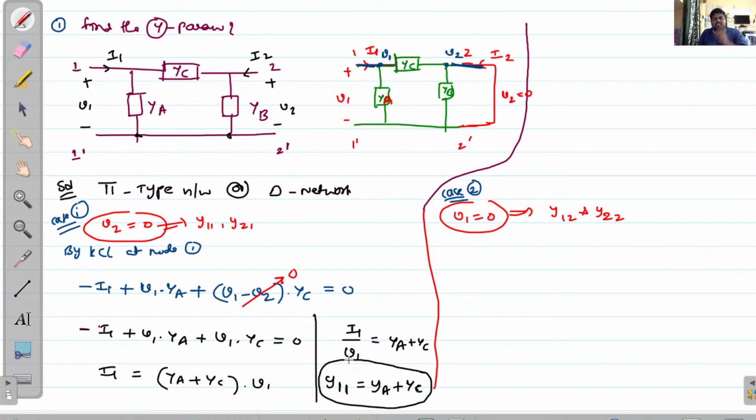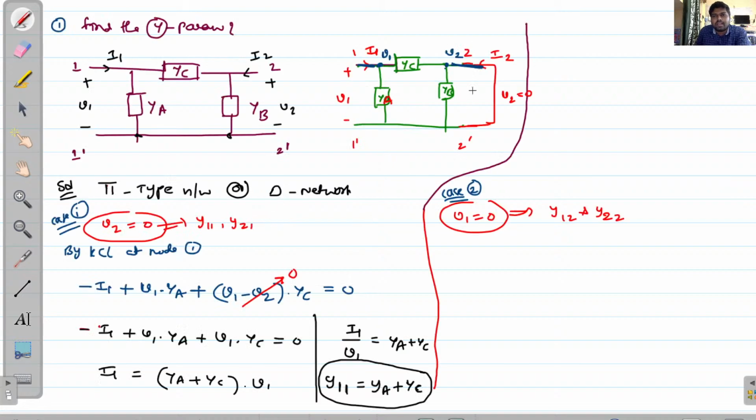In the same way you can find out, so you can apply KCL at this particular node. So by KCL at node 2, what you will get here: we have I2 current entering this node.